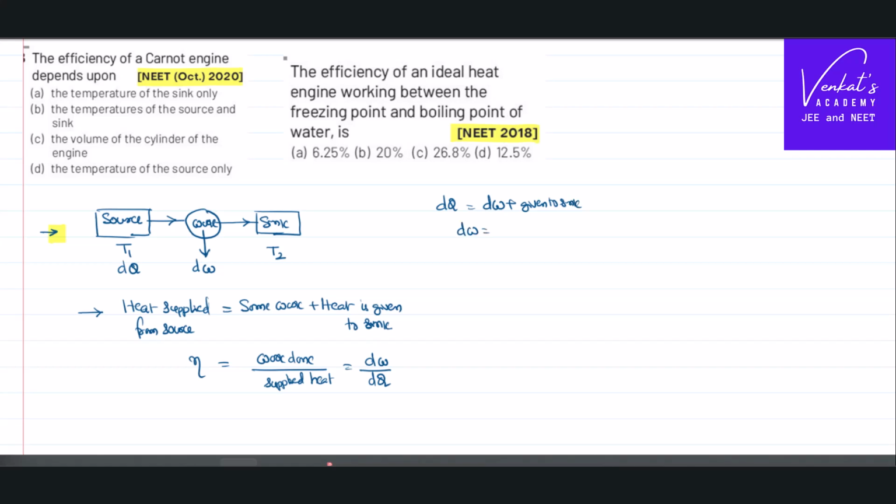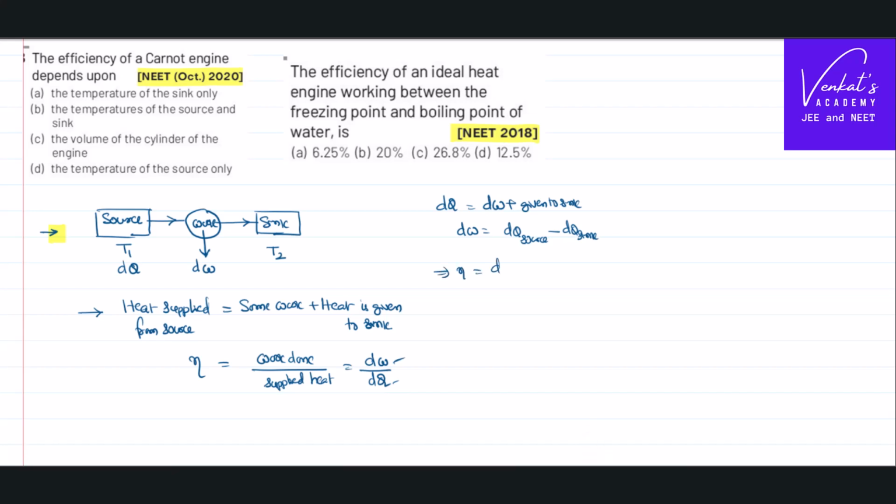So dW can be written as heat supplied from the source minus heat given to the sink, that is dW. So I can write efficiency further as, in place of work done, heat supplied from the source minus heat rejected to the sink, divided by heat supplied from the source.